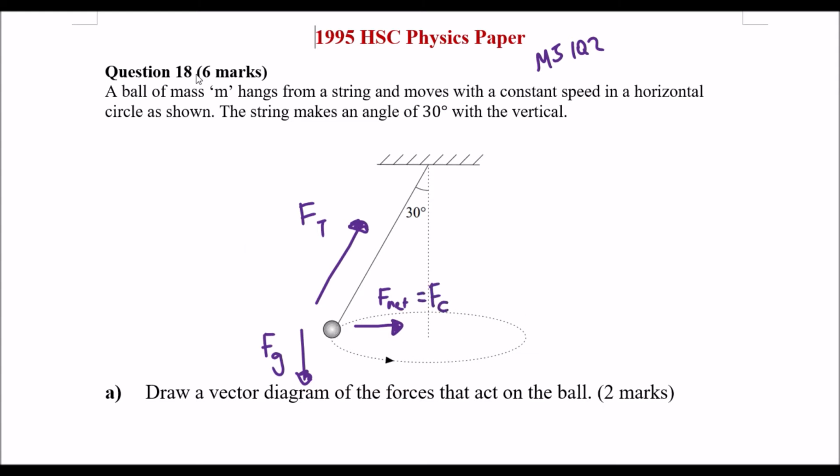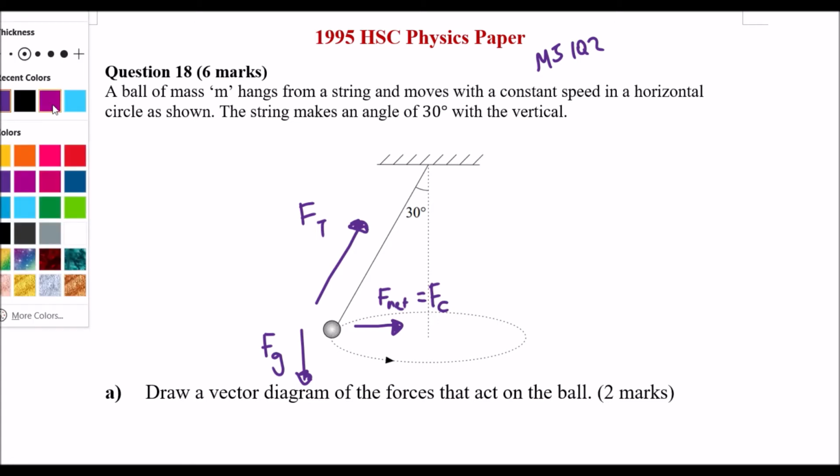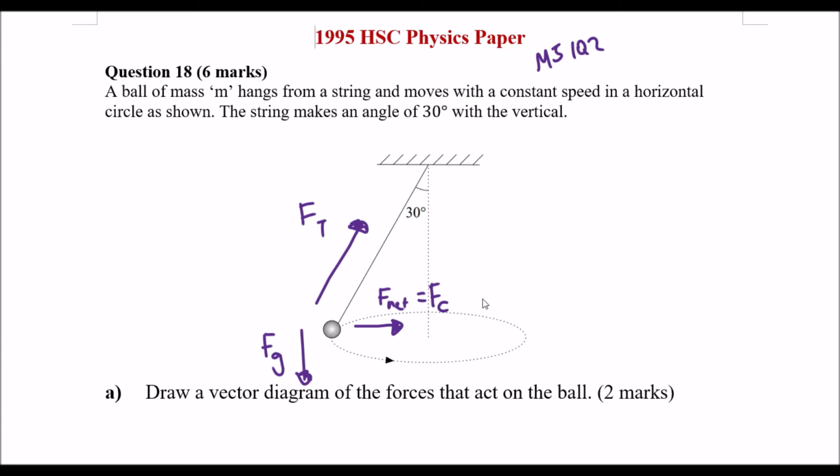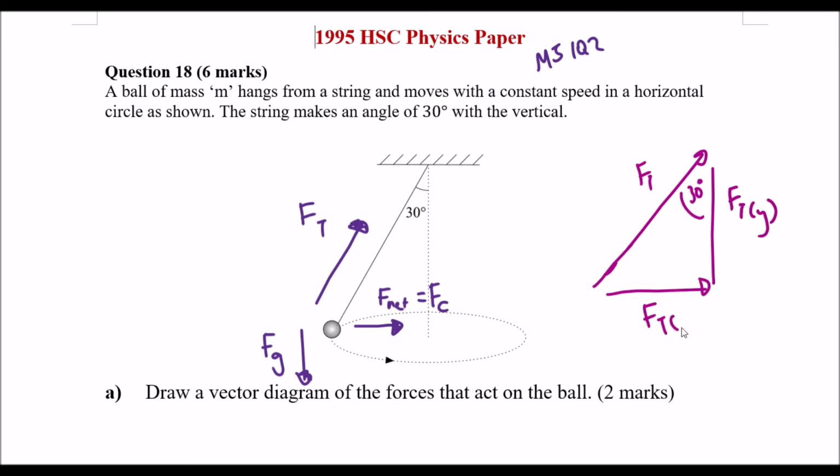our centripetal force. We also talked about before what exactly is the centripetal force in this diagram, and that is the horizontal component of our tension force. So when I draw my tension force like this, 30 degrees tension force, there is a vertical component, Ty, and there is a horizontal component to it, Tx.